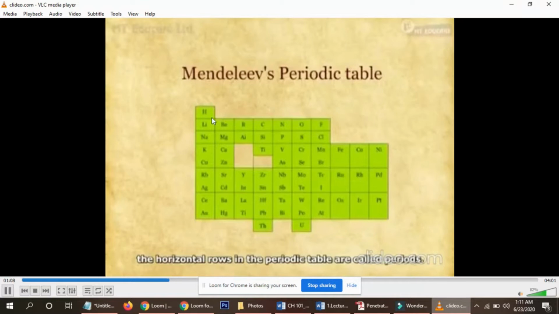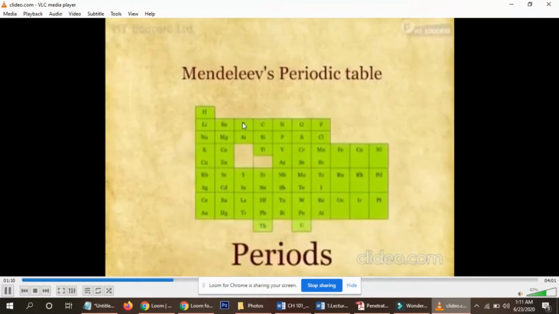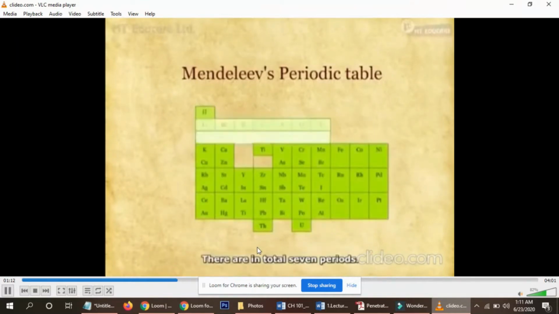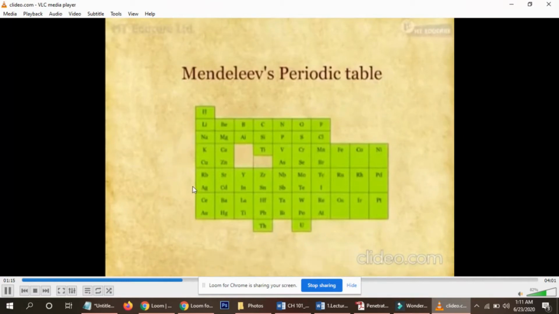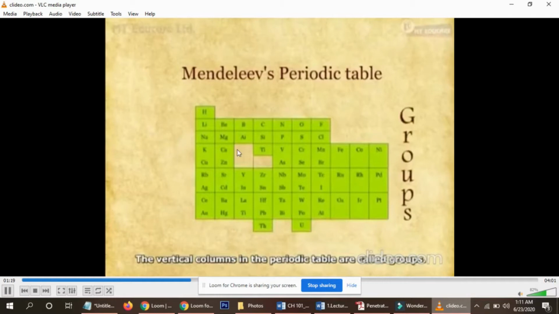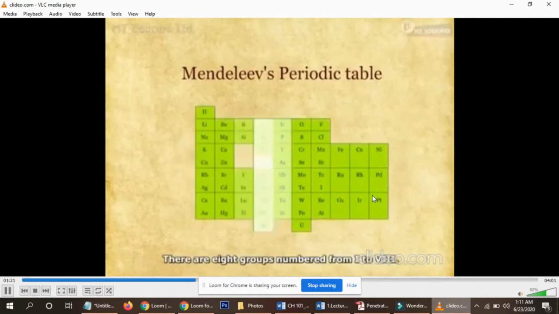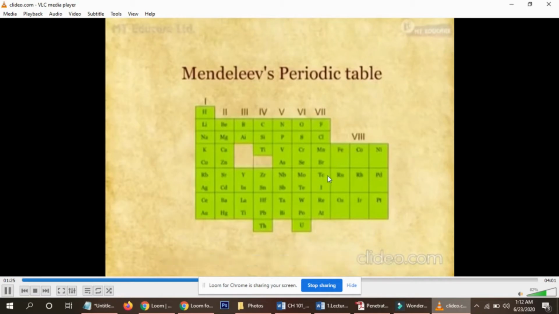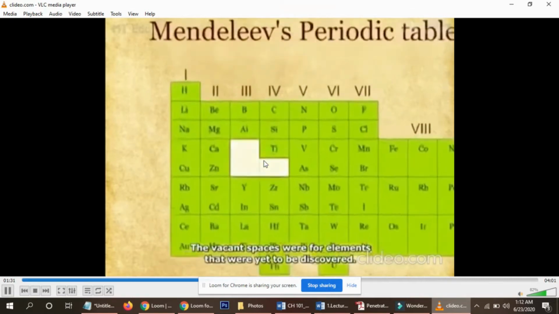In this periodic table, the rows are called periods, and in total we have 7 rows, 7 periods, and the columns are groups, and we have a total of 8 groups. Mendeleev kept some spaces blank.